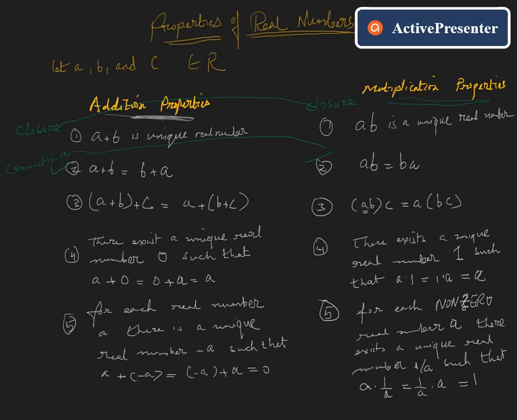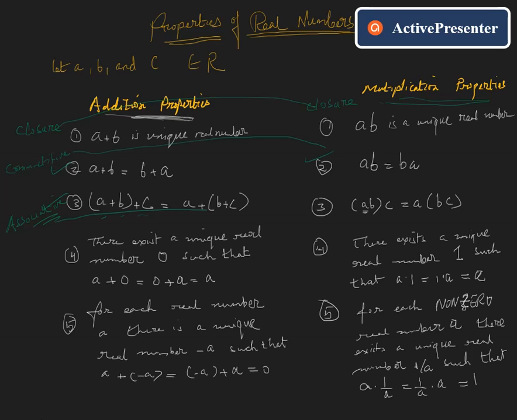Okay? The third property: if A, B, and C are real numbers, (A plus B) plus C equals A plus (B plus C), which is known as the associative property.